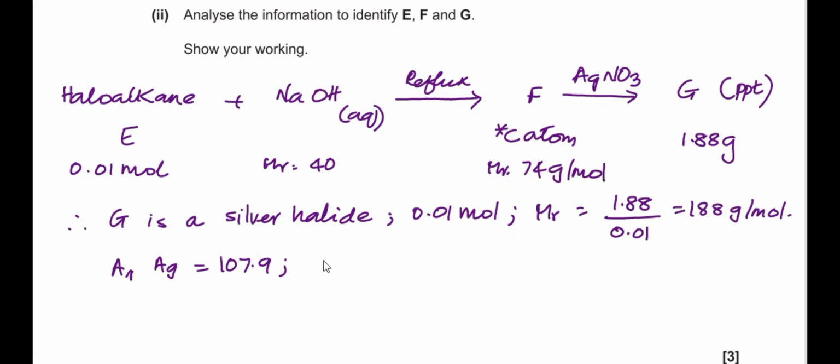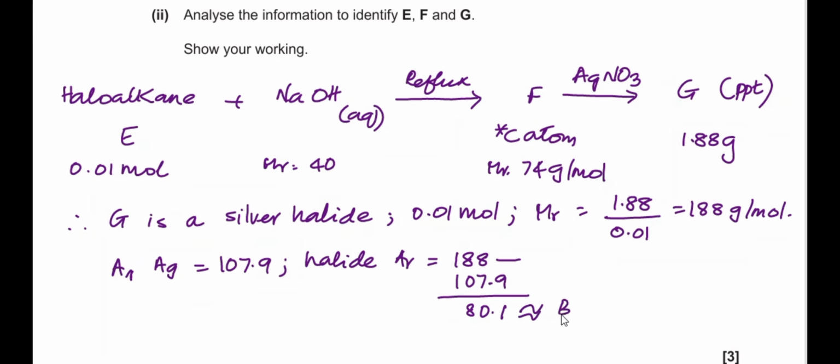Therefore, the relative atomic mass of the halide will be 188 take away 107.9, which is 80.1, which is approximately equal to that of bromine. Therefore, G is AgBr. So box it. That's one part of the question answered.